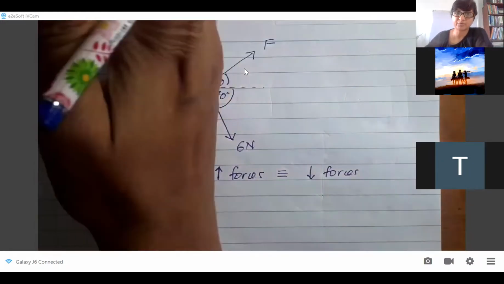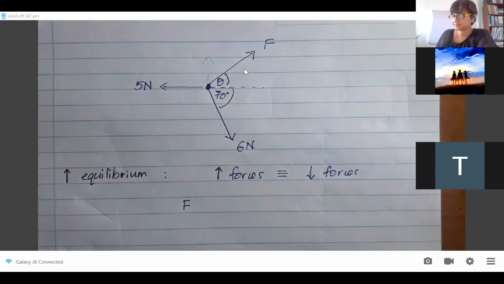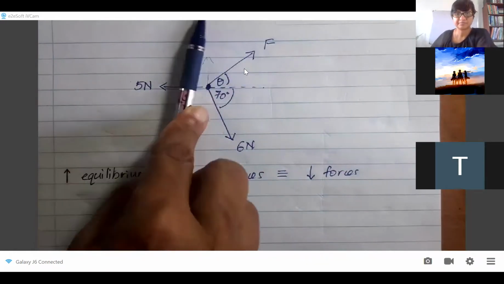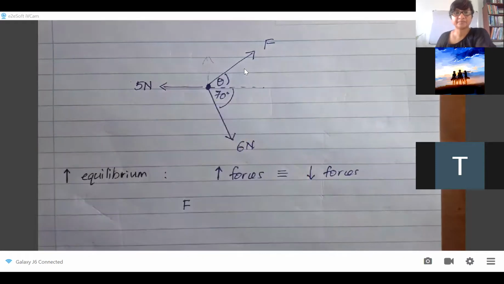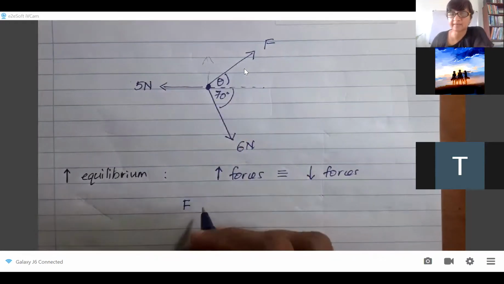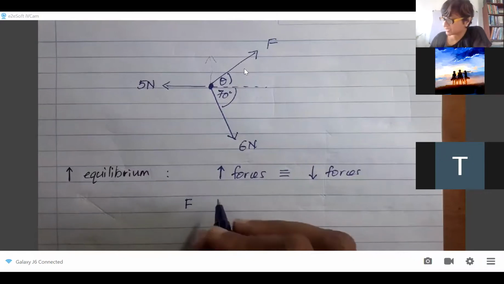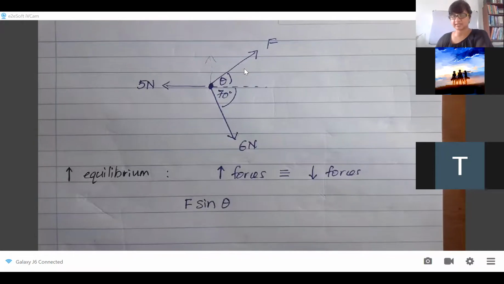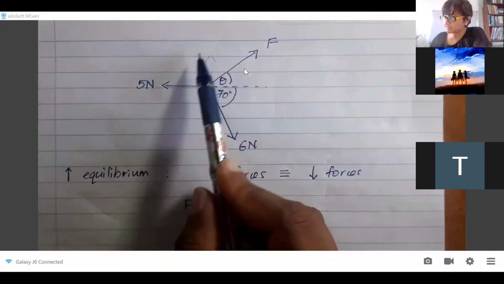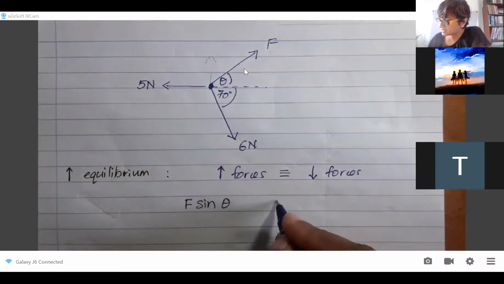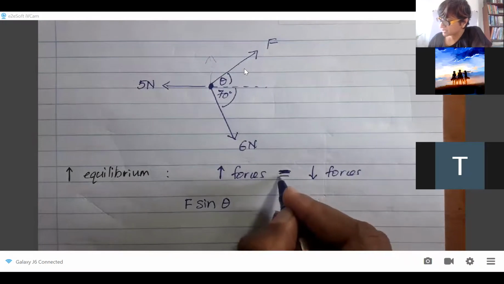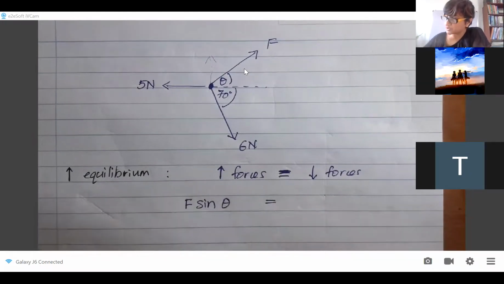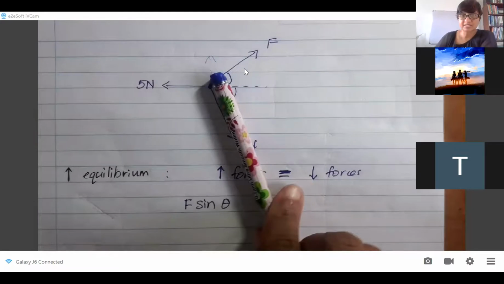The vertical component of F is F sine theta. That's the only upward force. F sine theta equals 6 sine 70.